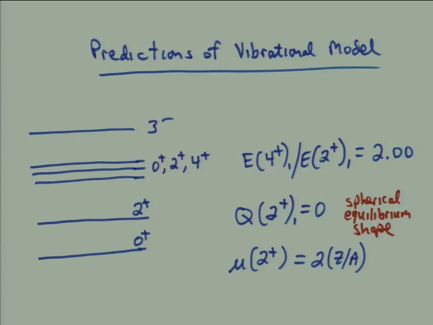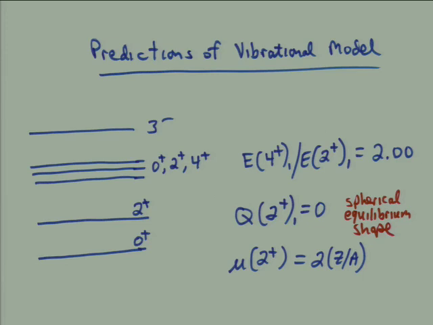Remember, it only applies to even nuclei, so I know darn well the ground state spin and parity is going to be 0 plus. All even nuclei, with a very few exceptions, have a first excited state that has 2 plus spin and parity. And we're saying that is due to one vibrational phonon being present in that nucleus.